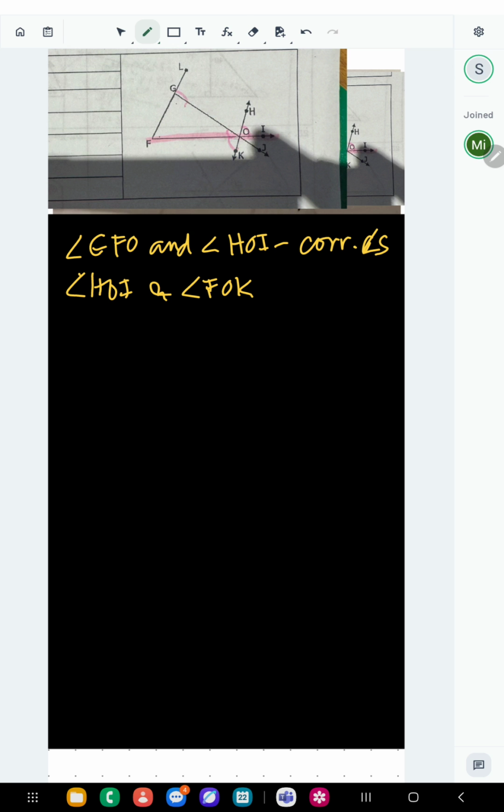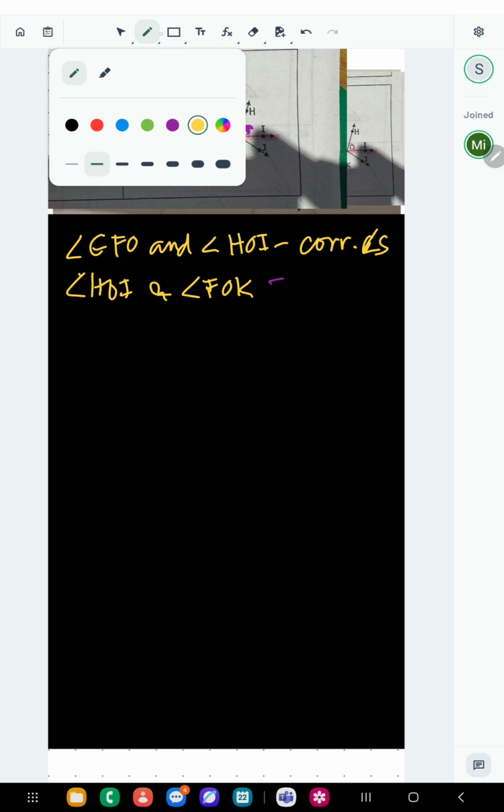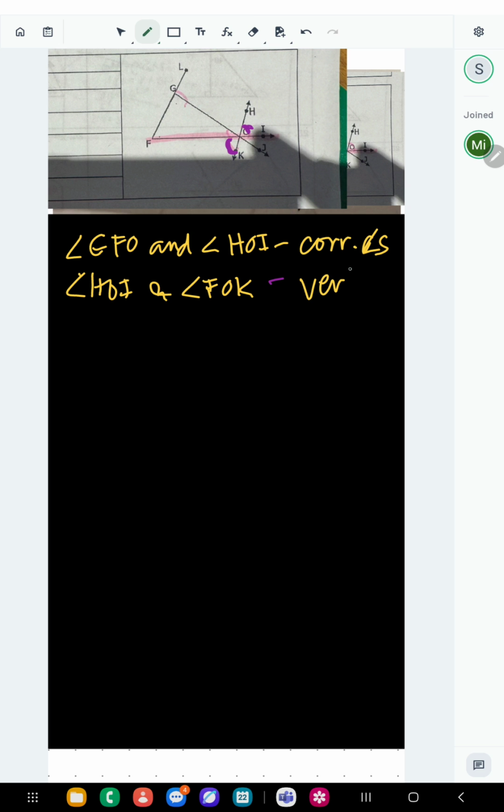So if this is angle FOK, this one, and then HOI is this one. Okay, now they are vertical angles. They're opposite angles.